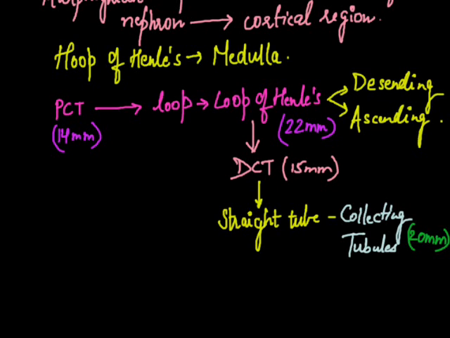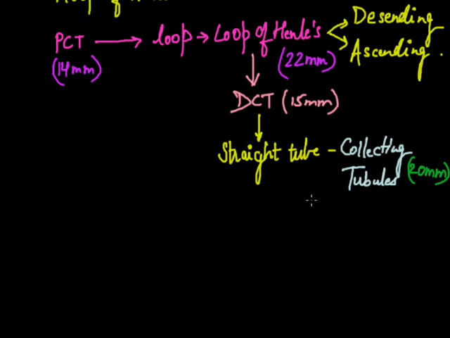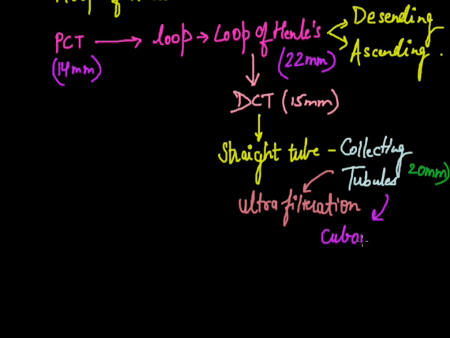From this collecting tubule, ultrafiltration of urine will take place. This collecting tubule is lined by cuboidal epithelium. That means the collecting tubule is made up of cuboidal epithelial tissue.